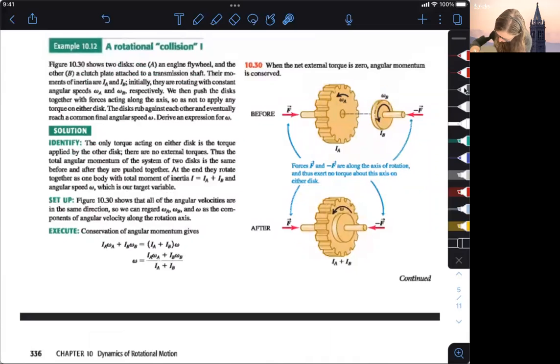Okay, so we have this larger sprocket that's rotating, and then we have this smaller little piece that's rotating. And all that really happens is this guy is going to run into this guy, okay? So it's just pushing them both together, right? And then they're going to rotate together, okay? So notice that this force applied here is not going to generate any torque through that axis as we're pushing them together.